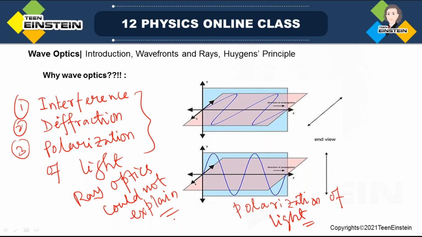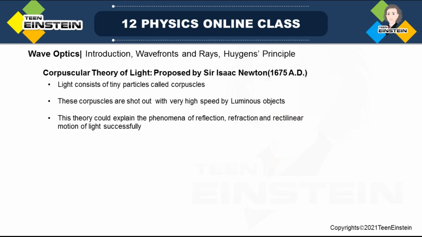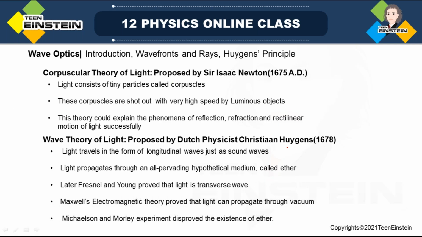So then, Dutch physicist Christian Huygens proposed that we can explain those phenomena if we consider light as a wave, and in fact, light travels in the form of a longitudinal wave. He proposed this. Okay, longitudinal wave.